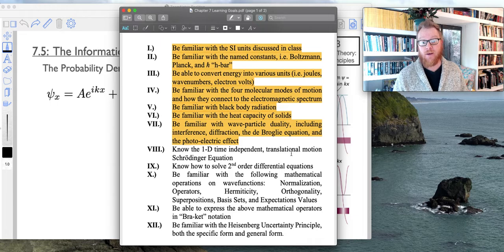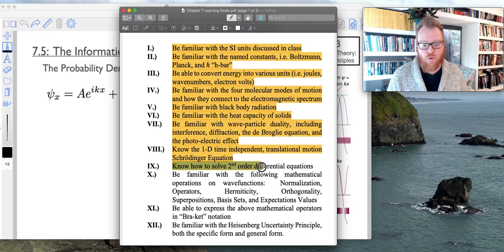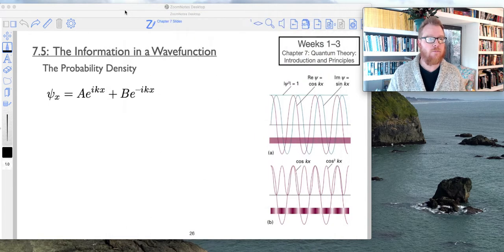We're going to build in vibrational motion, rotational motion, etc. So I'll highlight this, but recognize that we're going to keep continuing to talk about Schrodinger. And then we talked about how to solve second order differential equations, okay? So I'm going to keep continuing along with these learning goals.